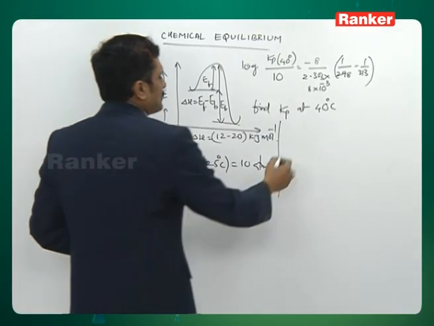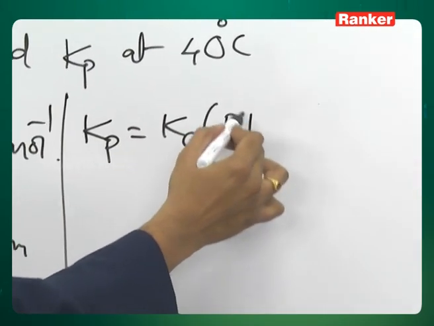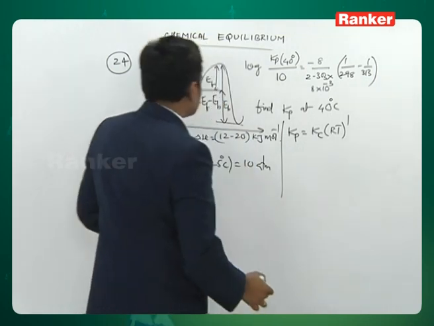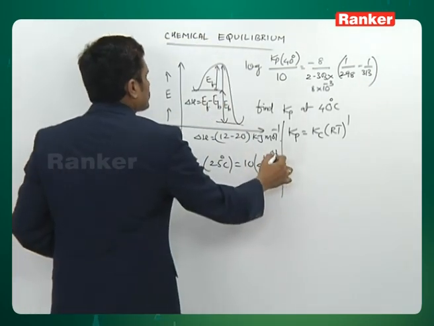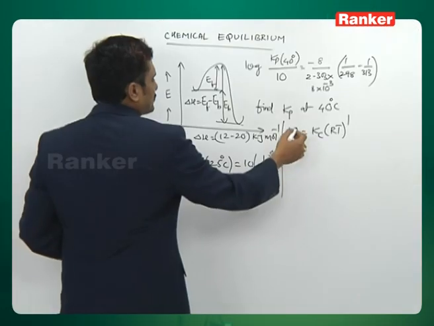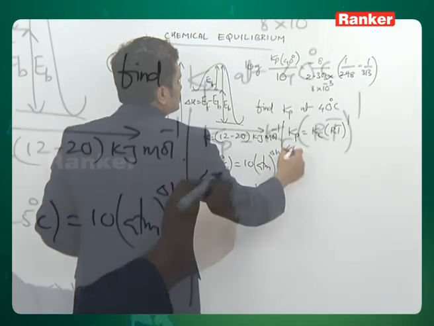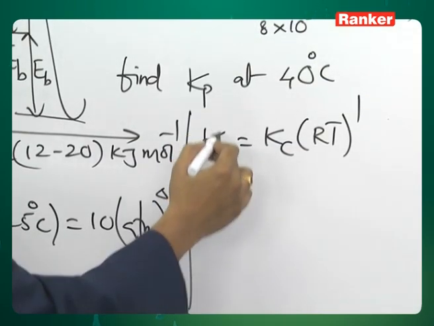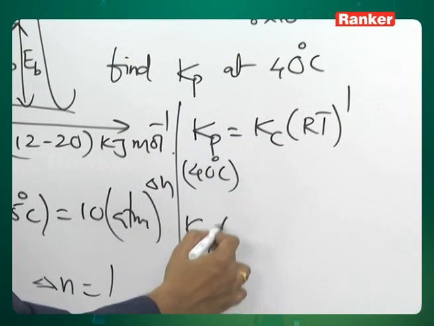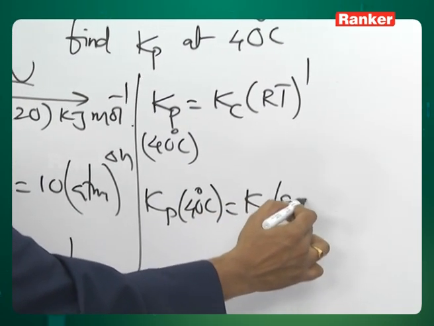Now, we know that Kp is equal to Kc into RT whole power delta n. You can see from the units of Kp, we can make out that delta n is given as 1. So, therefore, Kp at 40 degrees Celsius after obtaining from here, after substituting the value here, you will be getting Kc provided you substitute RT as well.